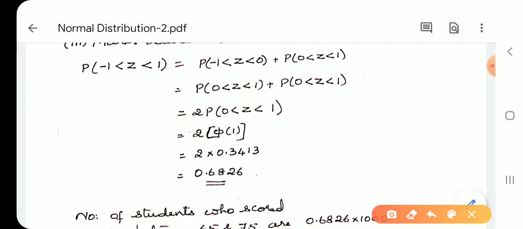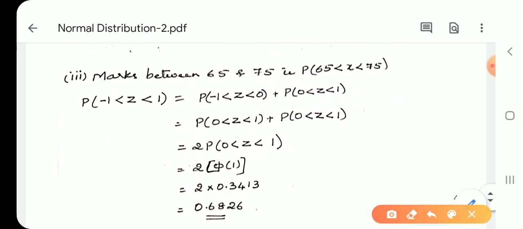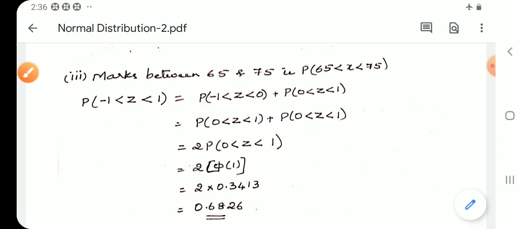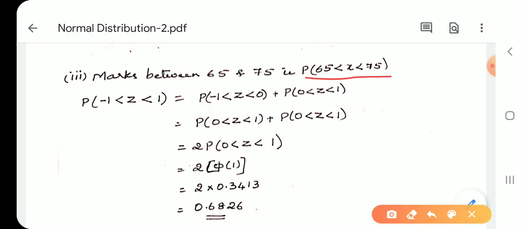Now we have to find the number of students who have scored marks between 65 and 75. If I write in terms of probability, we have to find P of 65 less than x less than or equal to 75. When written in terms of z, it can be written as P of minus 1 less than z less than 1.